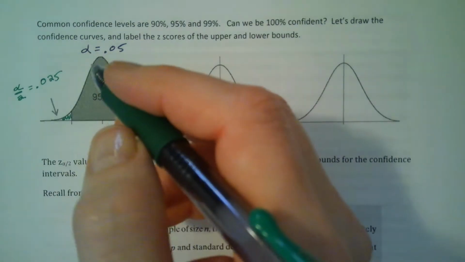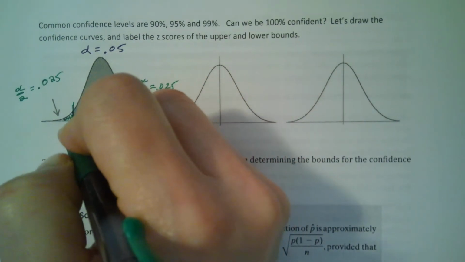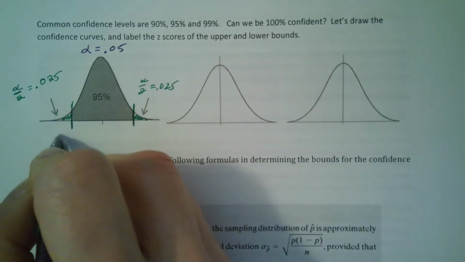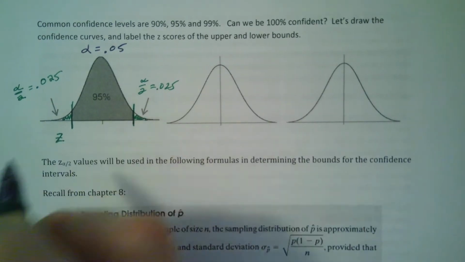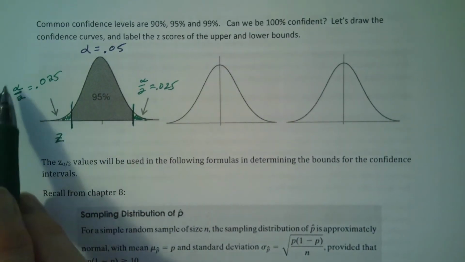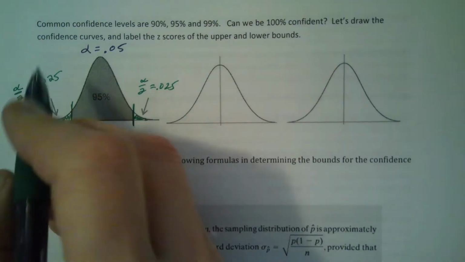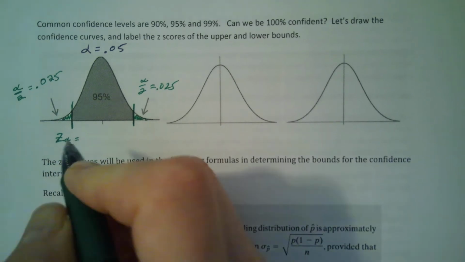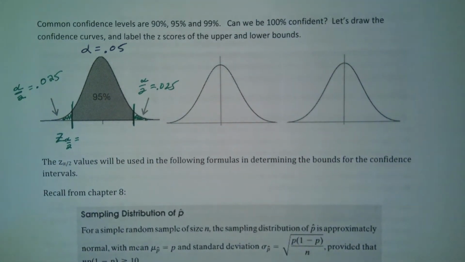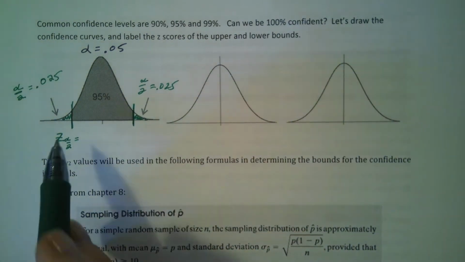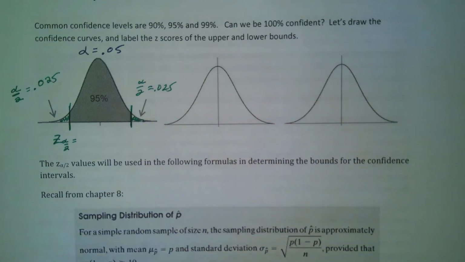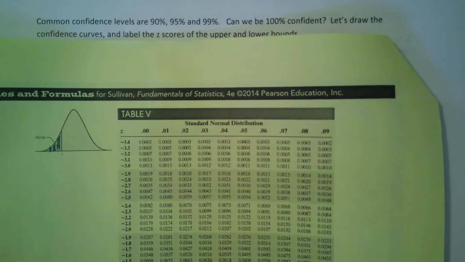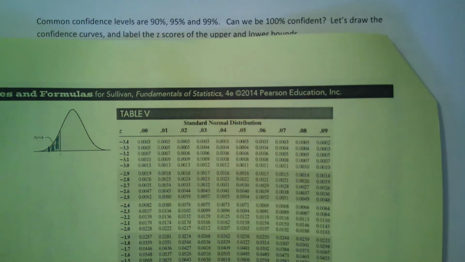Also associated with that, I'm going to have z-scores, okay? These z-scores right down here are going to be z at this particular confidence, which is alpha over 2. And if I go to my z table, you'll be able to find that z value. In your book, it's going to be table 5, which is your standard normal distribution table.